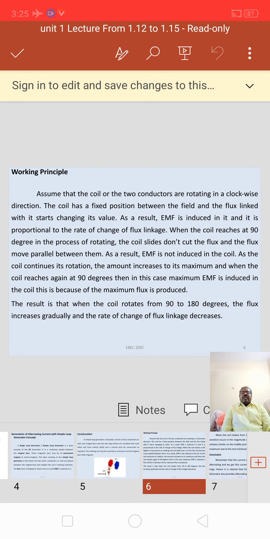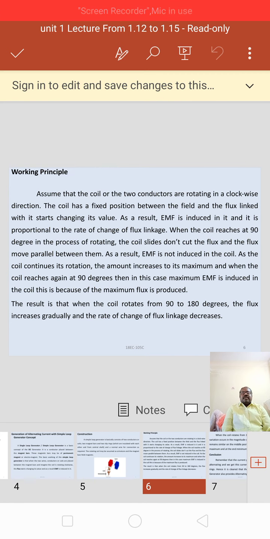Now we learn about the working principle of simple loop generator. Assume that the coil or the two conductors are rotating in a clockwise direction. The coil has a position between the field and the flux linked with the coil starts changing its value.